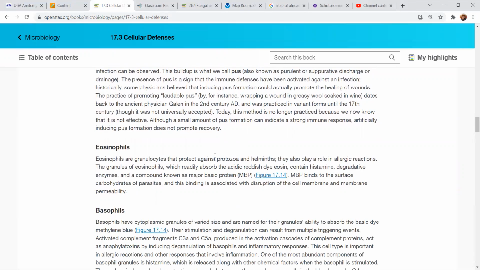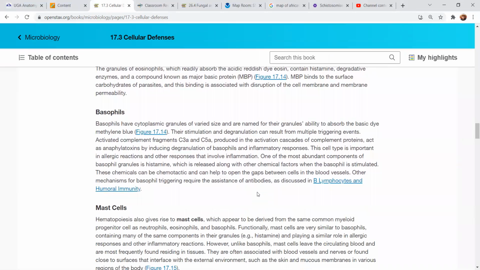Eosinophils protect against protozoan and parasitic worms. They also secrete histamine, so they do play a role in allergic reactions as well. Basophils are the rarest type. Eosinophils are the next rarest type. 1 to 2% of all of our cells are basophils. They are involved in the complement cascade.